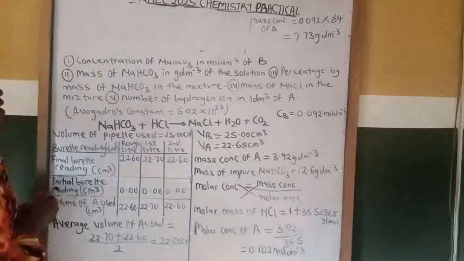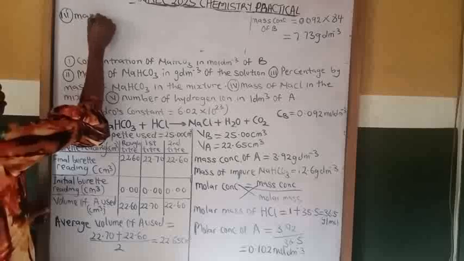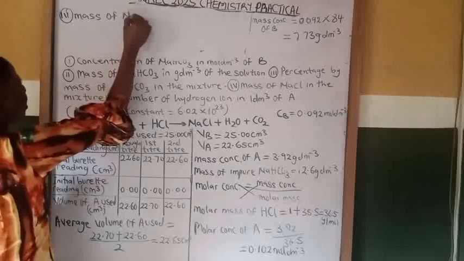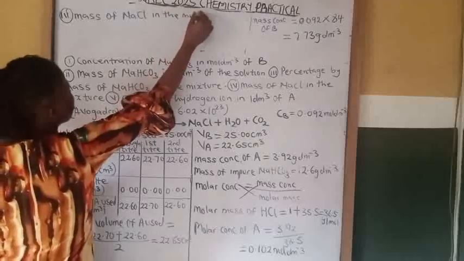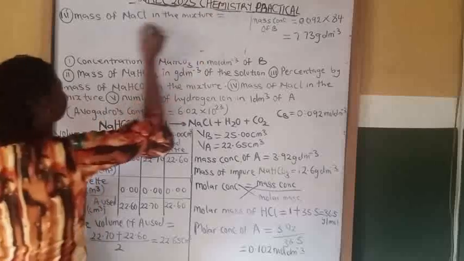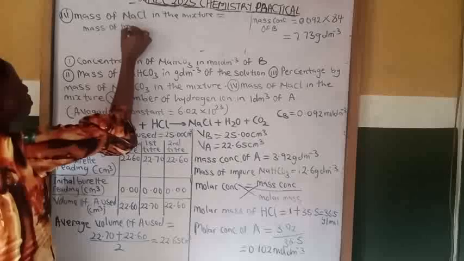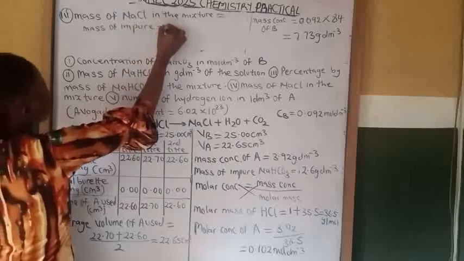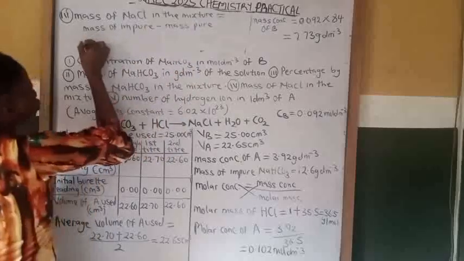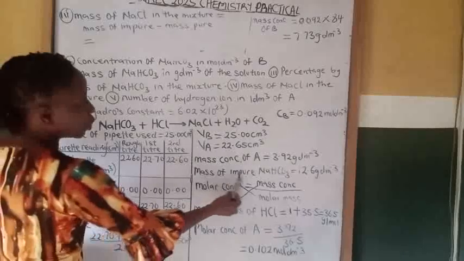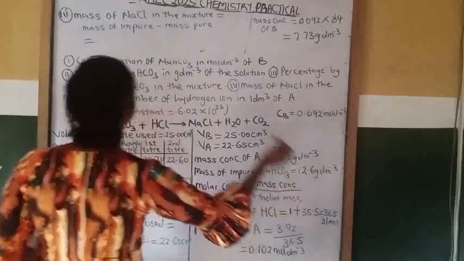So the mass of NaCl in the mixture will be equal to mass of impure minus mass of pure. What is the mass of impure? That is the mass of the mixture, which is 12.6 gram per dm cube.